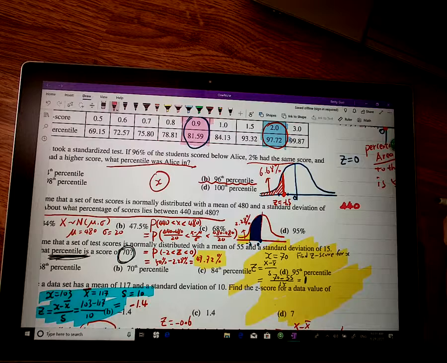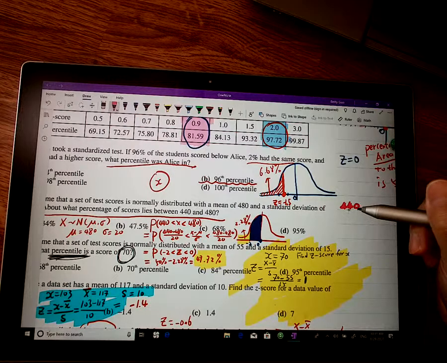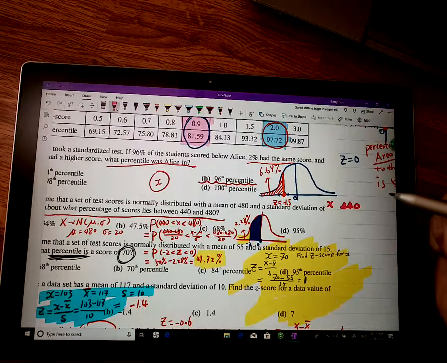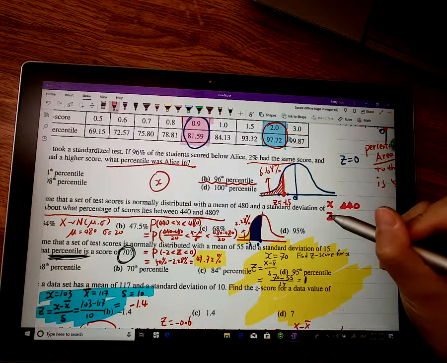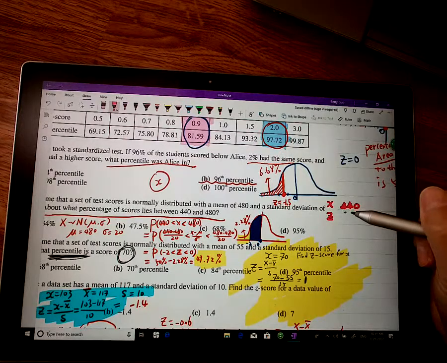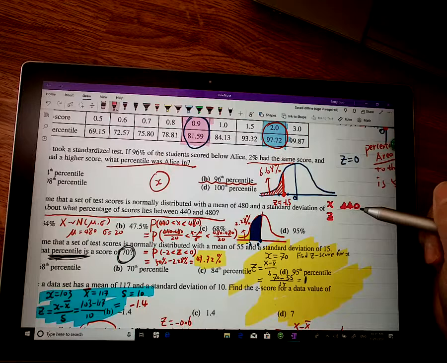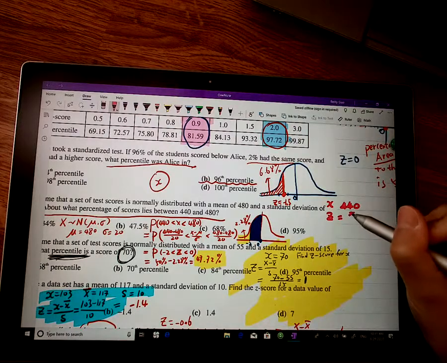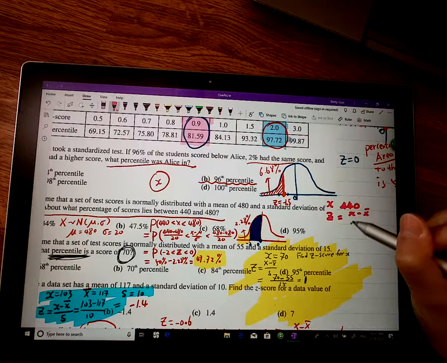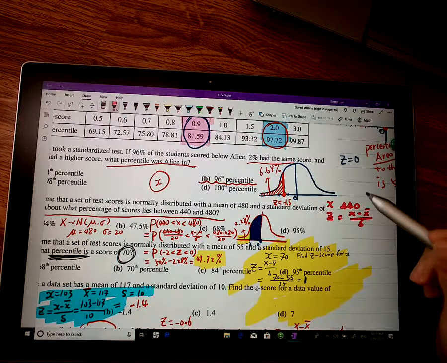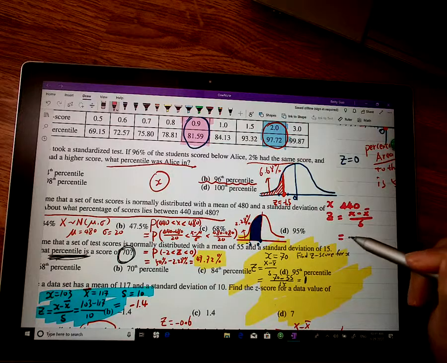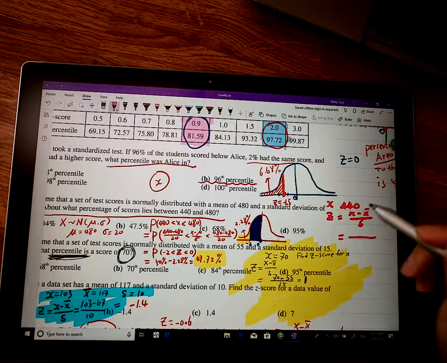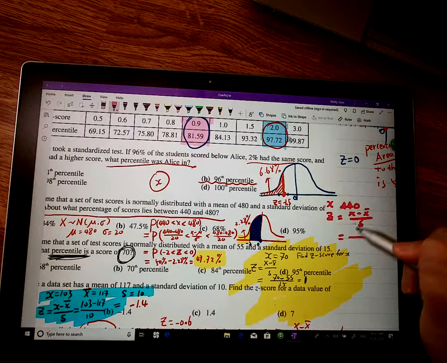Let's say your score now is 440. It is an X score. And now I want to find the Z score for your score. How do we find the Z score for 440? Do you remember the formula? Z score equals X minus X bar over S, right? But here we have the population mean and the population standard deviation. It would be the same. Just use it.